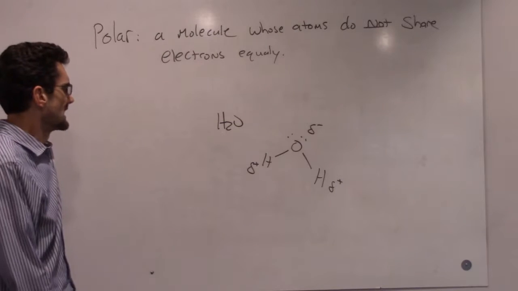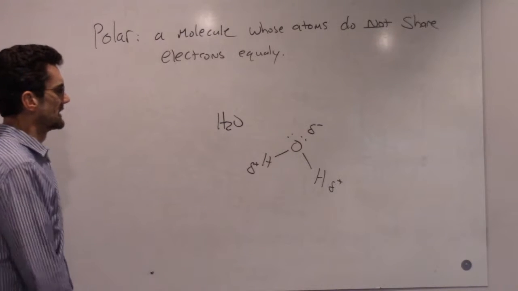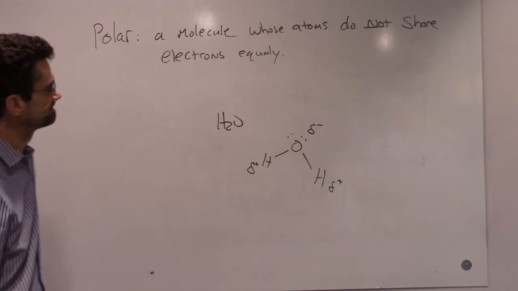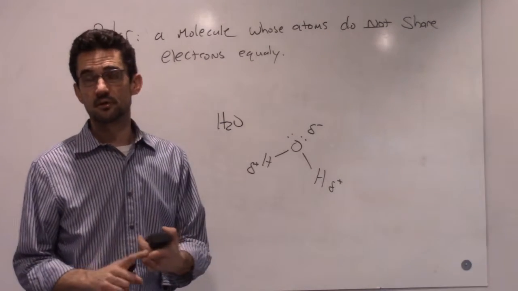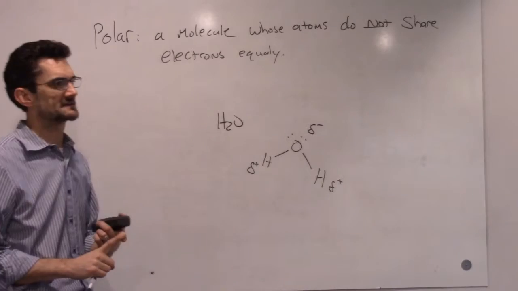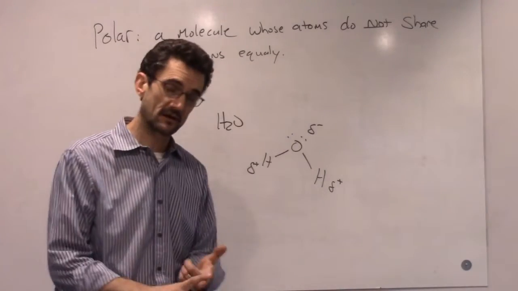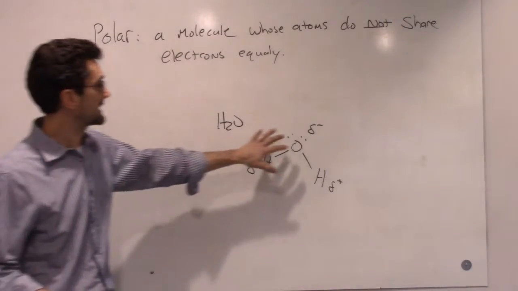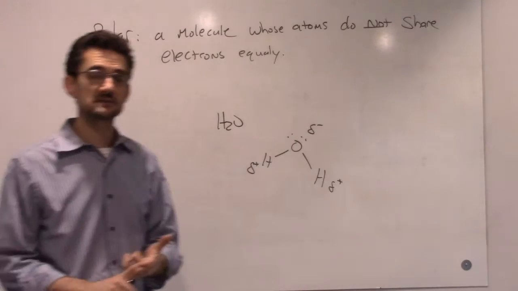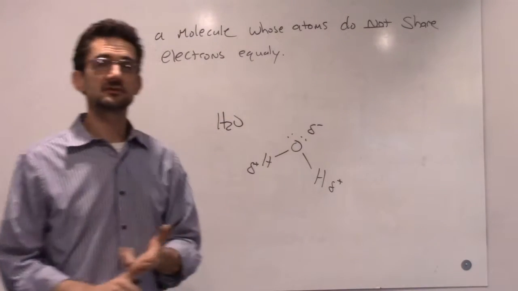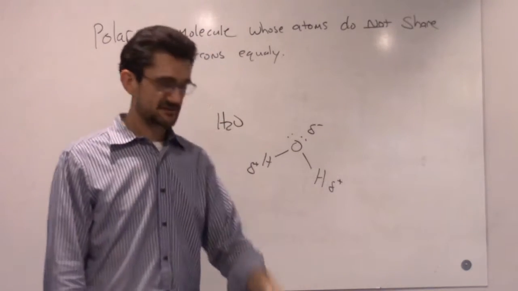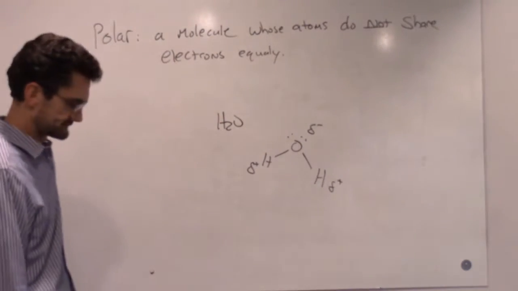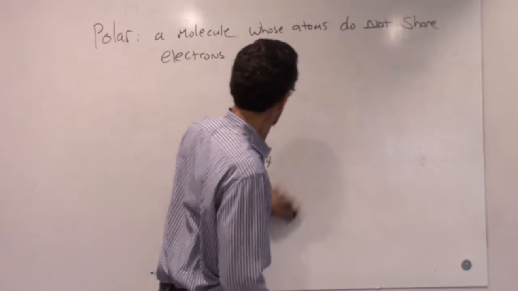So this would be an example of another polar molecule. All right, so what were the things that create polarity? Unbonded, unpaired electrons cause polarity. A really electronegative atom causes polarity. All those things cause polarity in a molecule, as opposed to nonpolar.